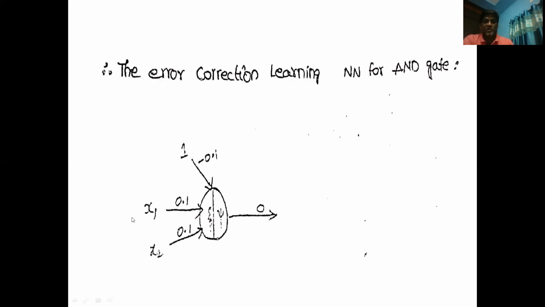Now we'll calculate it as 1 into 0.1, that is 0.1, plus 0 into 0.1 is 0, and 1 into minus 0.1. Therefore, 0.1 minus 0.1 becomes 0. And the final output is 0, which is the expected value from the neural network.